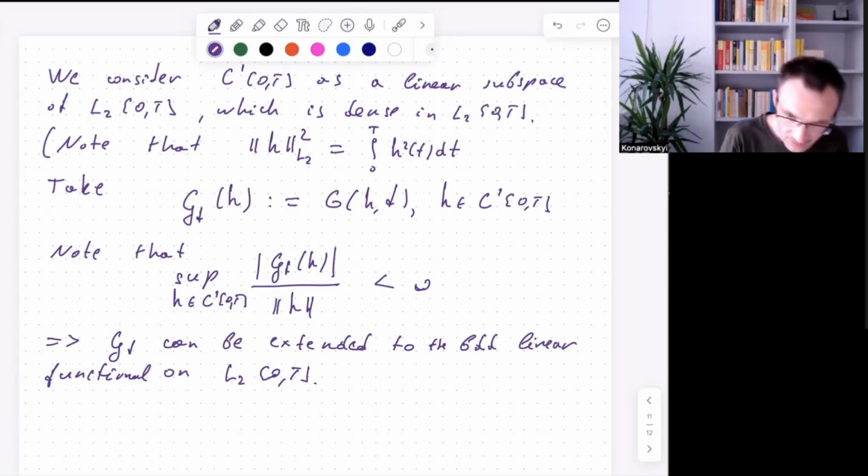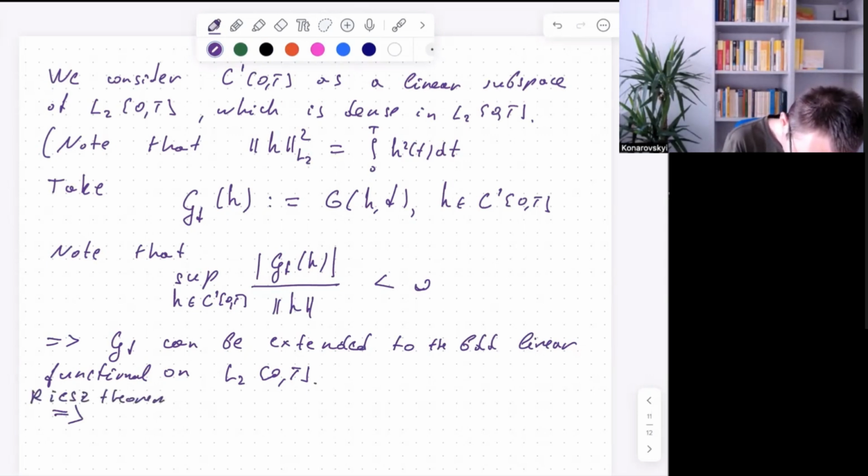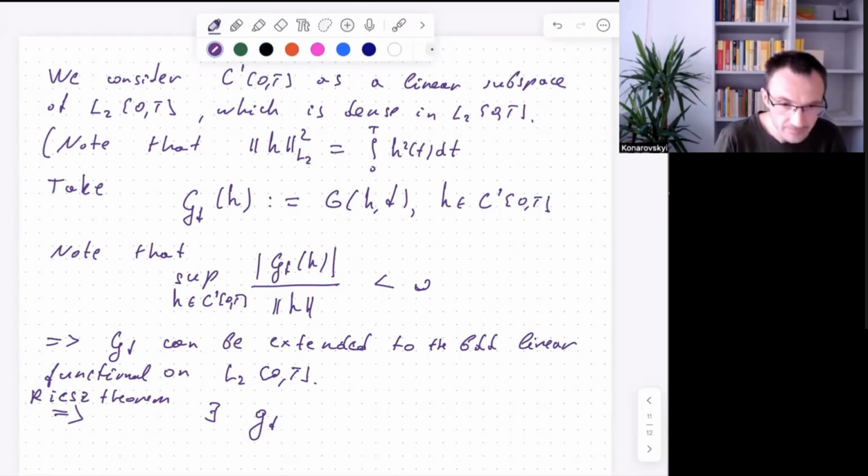Therefore this implies, it is called the Riesz representation theorem, I would say. So the Riesz theorem implies that there exists a function, which we will denote by g, which of course depends on f, because you see that this f here is fixed, and this function depends on that f.